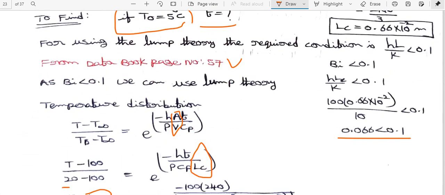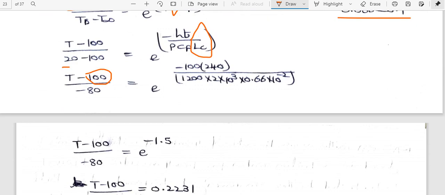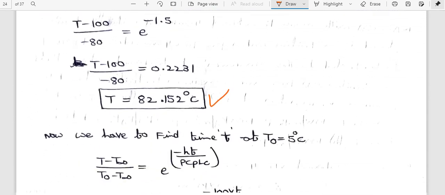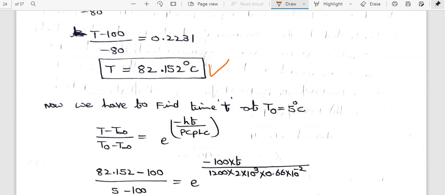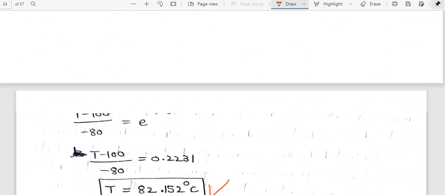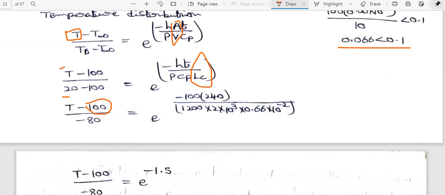So in the problem the T value is not given. That's why I am calculating the T value. After that now we can find out the time at 5 degrees centigrade. So in this equation capital T is the unknown term and small t, the time value, is given.